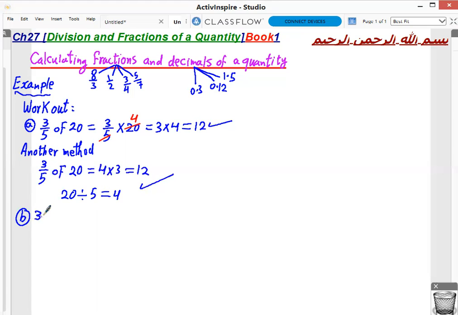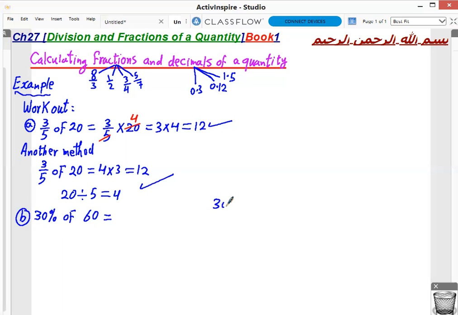B, 30% of 60. How to get 30% of 60? First, you must convert 30% into a fraction.